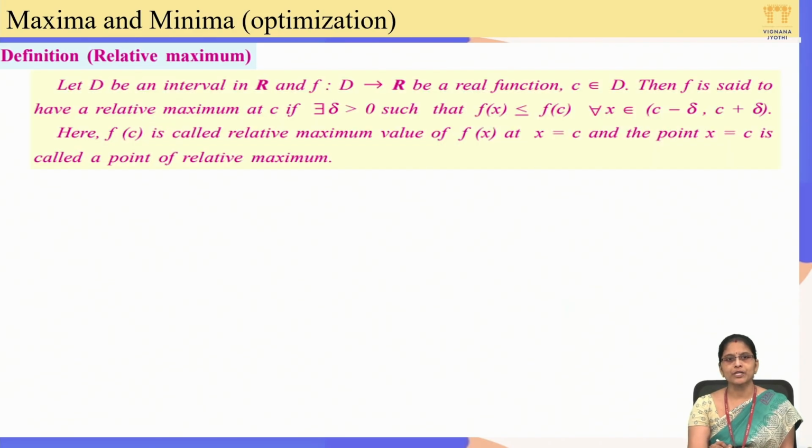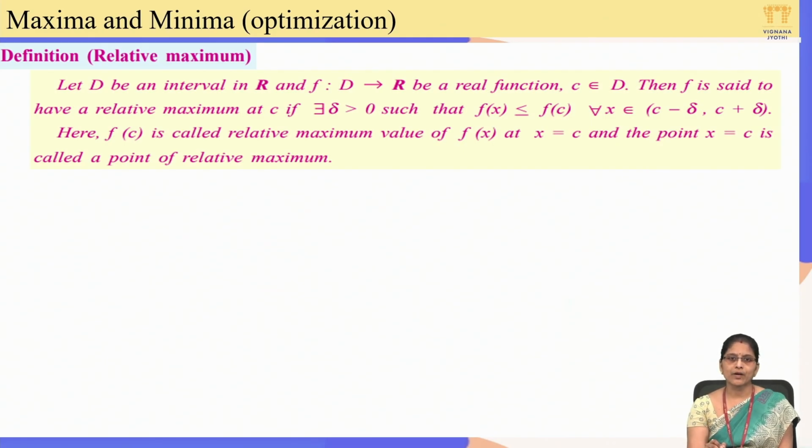Next, coming to the definition of relative maximum and relative minimum. Another name for relative maximum is local maximum. A function is said to have a relative maximum or local maximum at a point if its value is greater than or equal to nearby values.